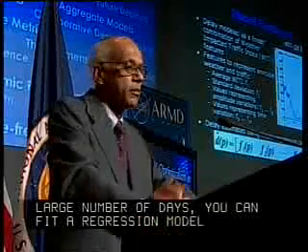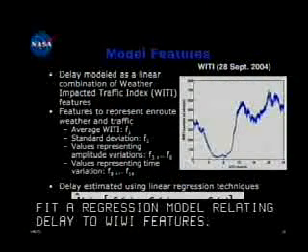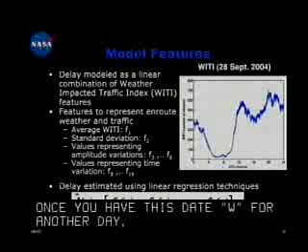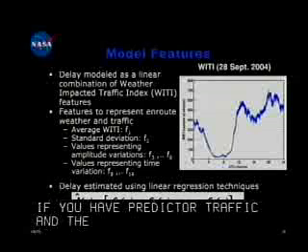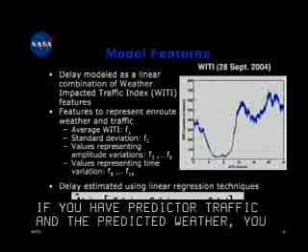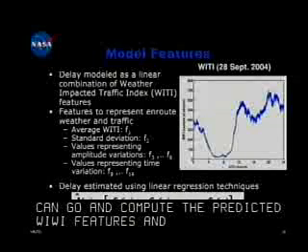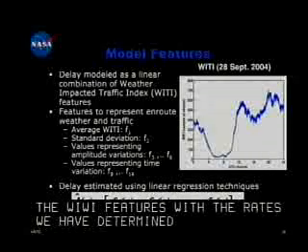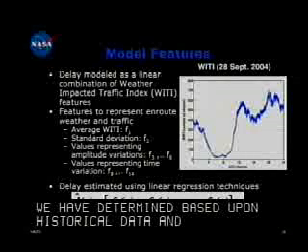Once you have this weight W, then for another day, P for example, if you have the predicted traffic and the predicted weather, you can compute the predicted WITI features, and multiplying the WITI features with the weights determined from historical data and linear regression techniques, you can estimate the delay for day P.